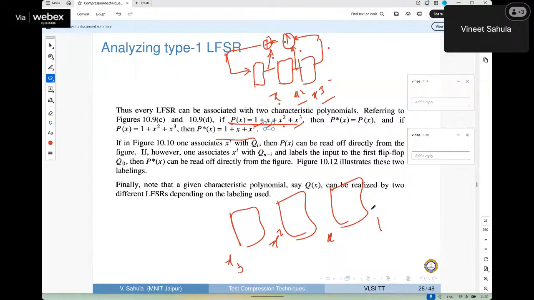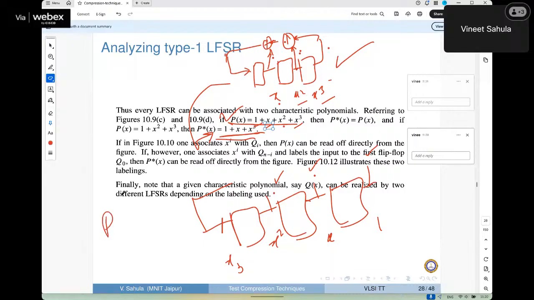And we have the same tapping, with only this one and these two taps, x and x squared. x^3 is not there. So we get that tapping. The structure remains the same. The first polynomial is this, and with the same structure, the next polynomial is this.